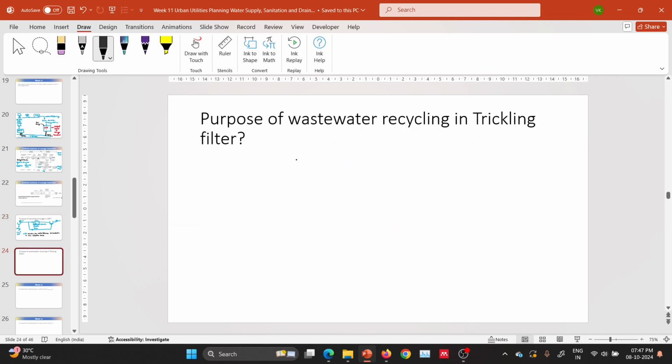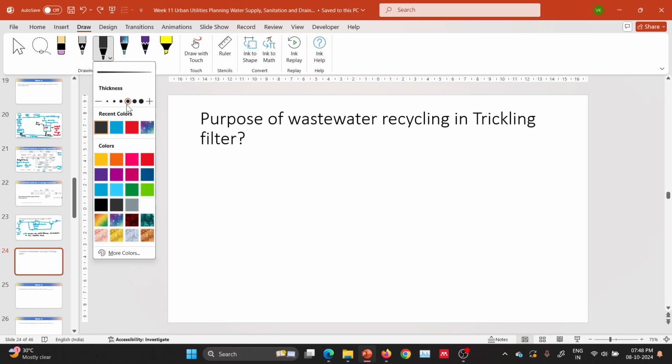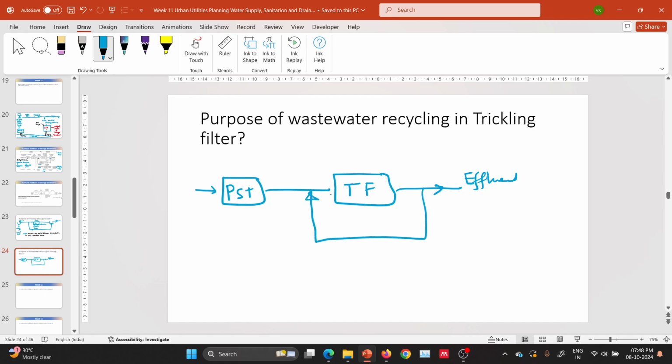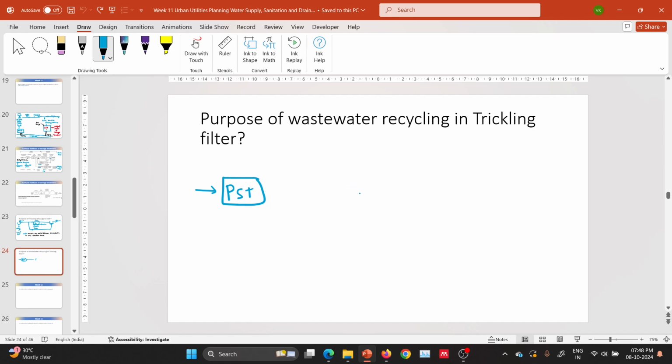In the trickling filter, the effluent is recycled back. Let's understand what the trickling filter is.